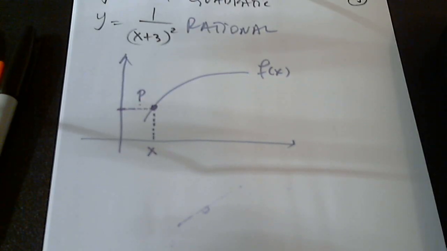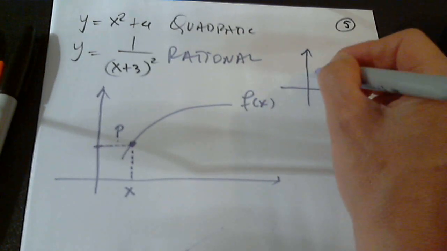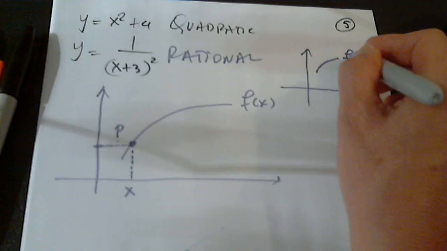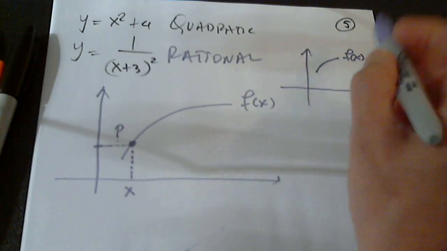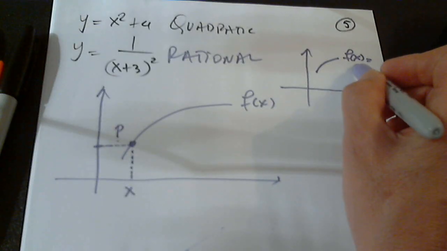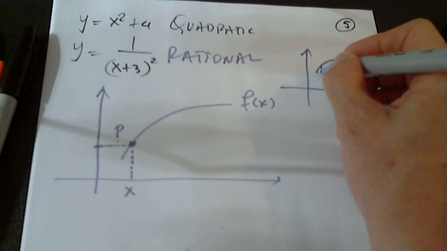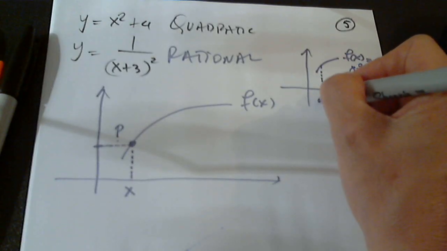Let me give you a simple example, because this is a very important concept. Let's say I have f of x equals x cubed plus 1, and let's say x is 2.